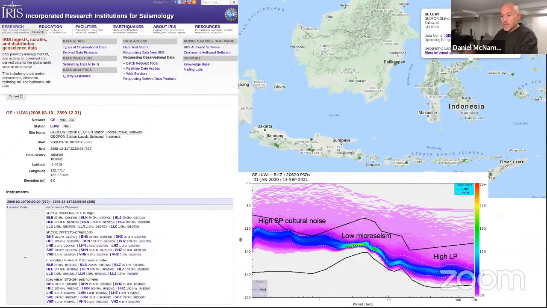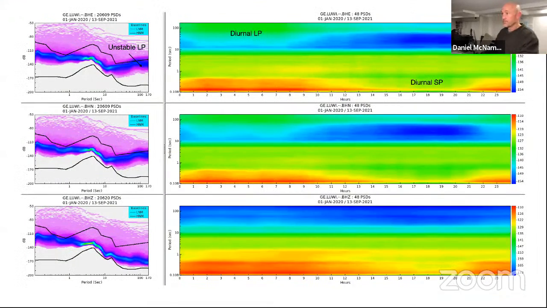Again, it has an STS2 sensor and a strong motion. The short period noise levels are quite high here, suggesting it's near cultural noise sources like a city or a road. The microseism again is fairly low, but the long periods are also quite noisy, even in the vertical.